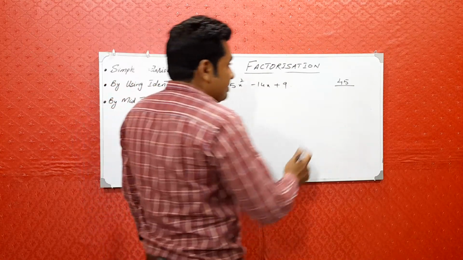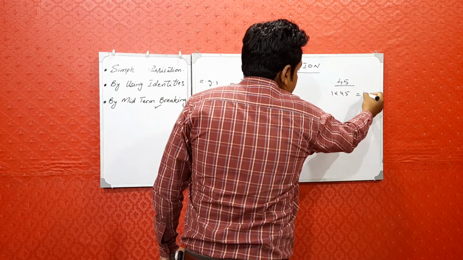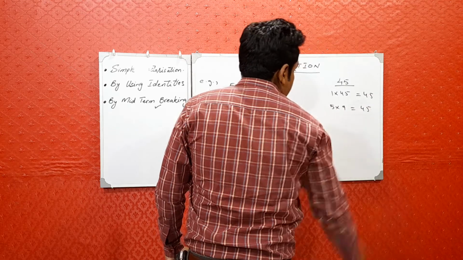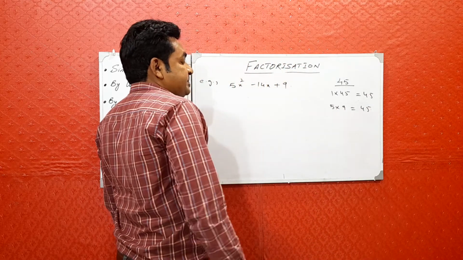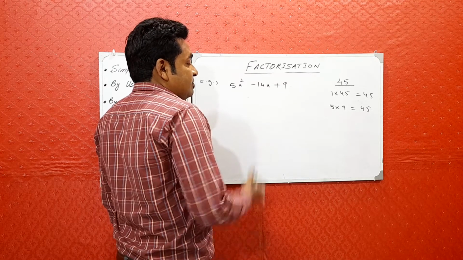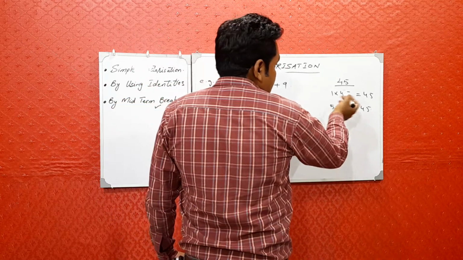When we find the factors of 45, you know 1 times 45 is 45 and 5 nines are 45. So these are the possible pairs we can get from 45. Now we have to choose one of the pairs.